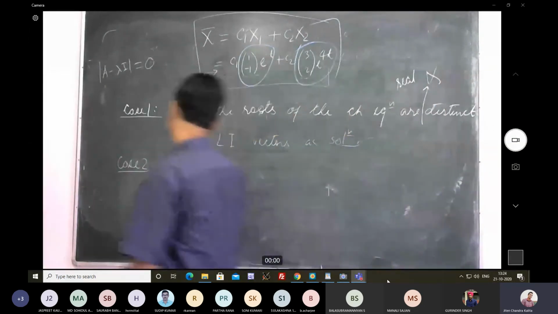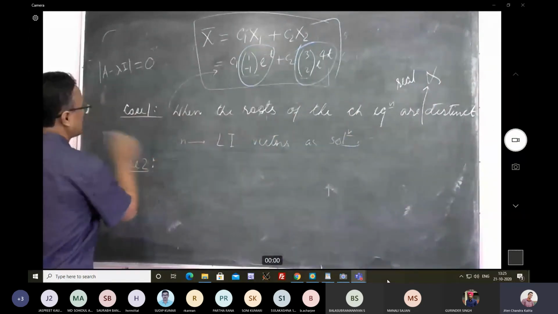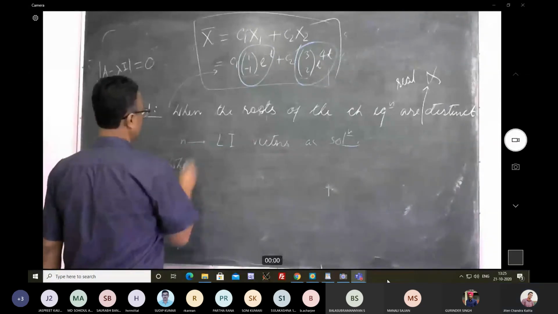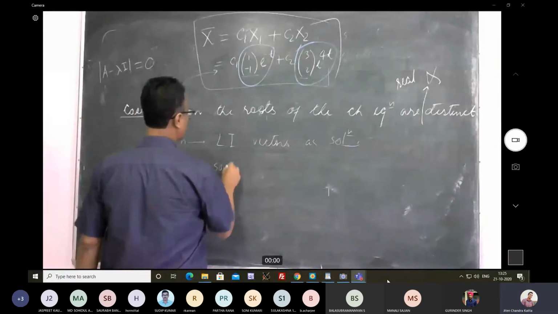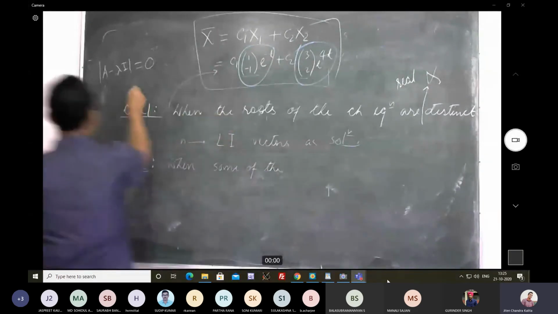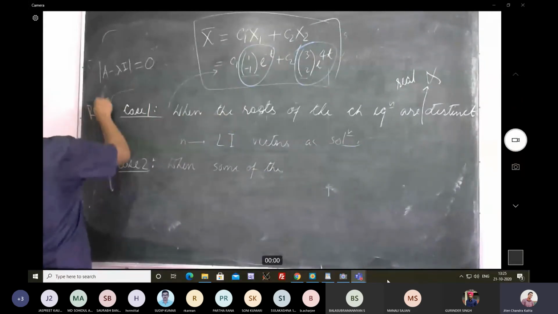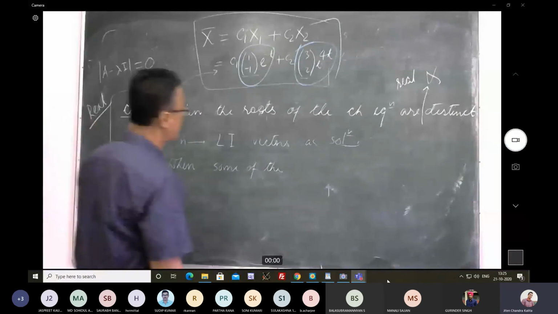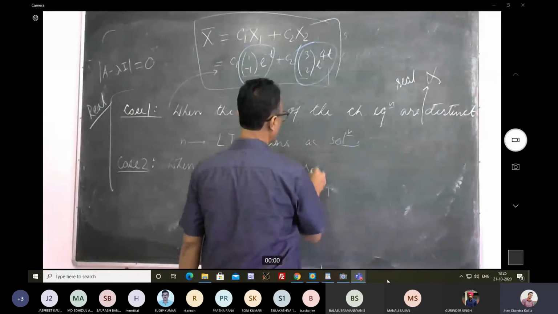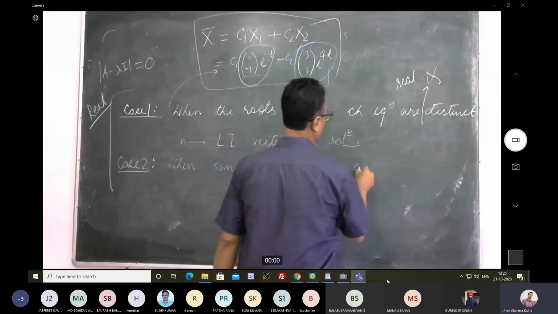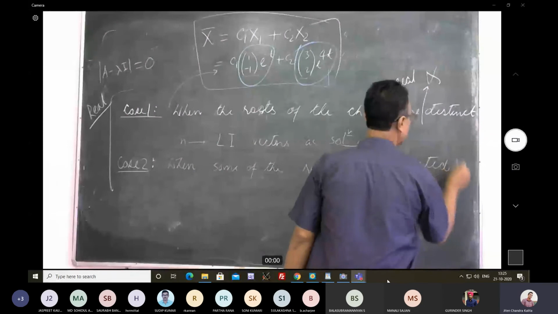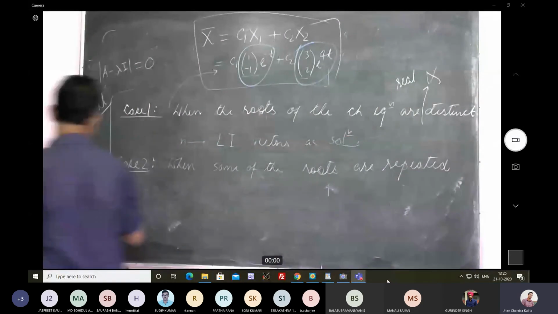I'll have to come to complex also, but still I am in real, complex I will come later. When the characteristic equation has real roots, and some of the roots are repeated.